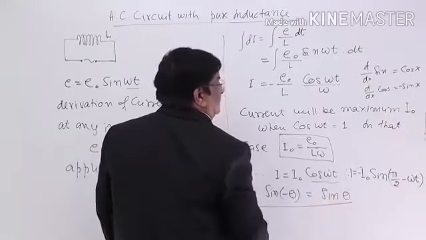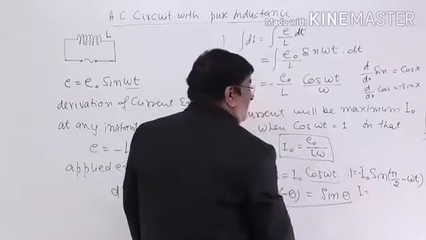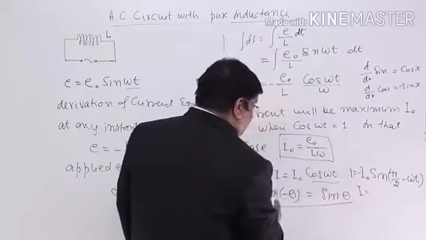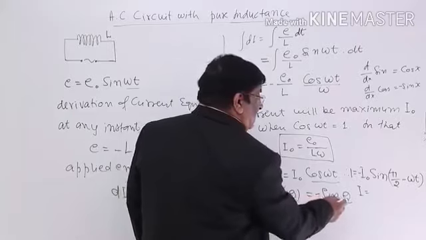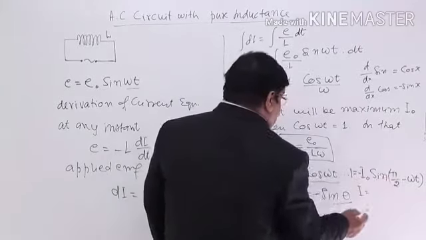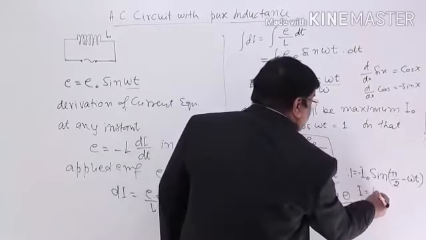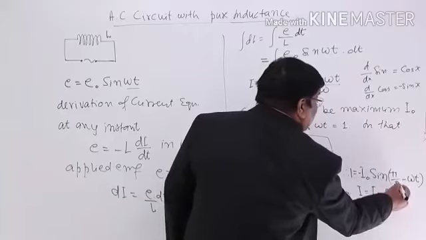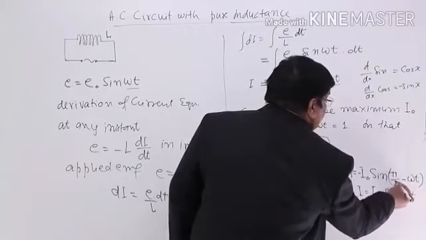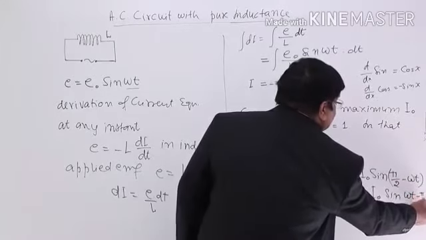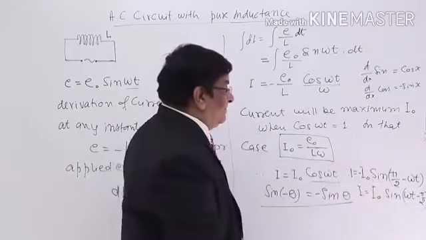If we apply this relation, then I is equal to this minus sin of the negative of this value, and the negative of this value is omega t minus pi by 2.